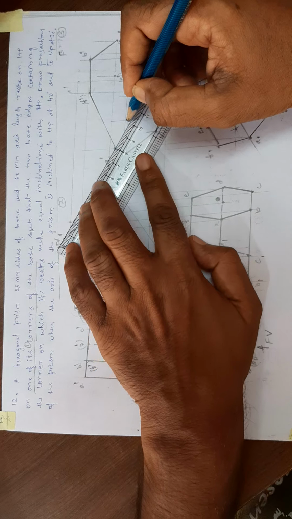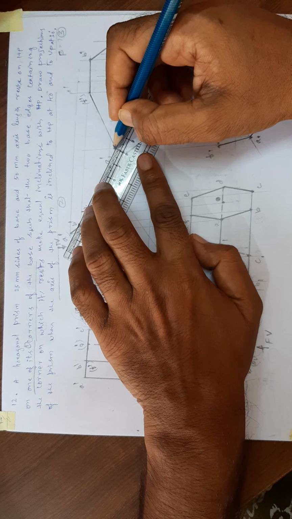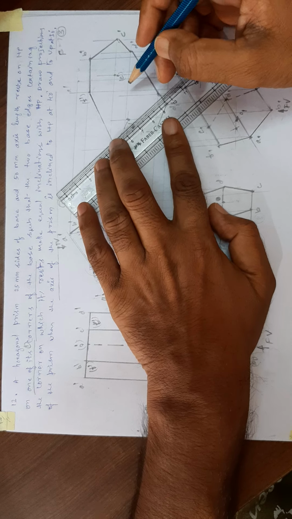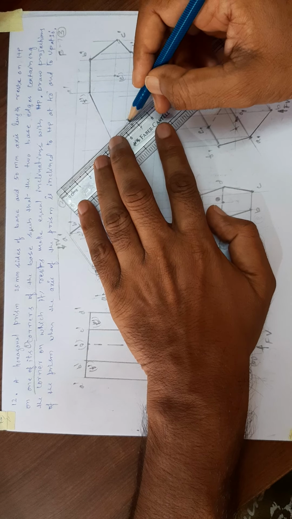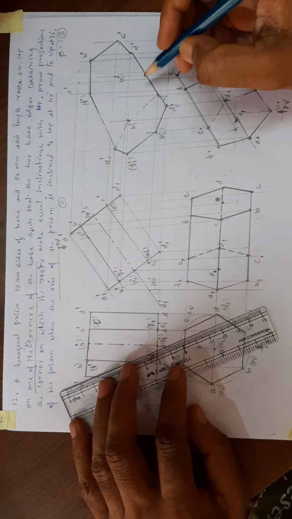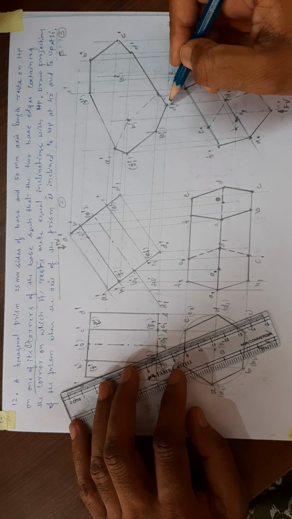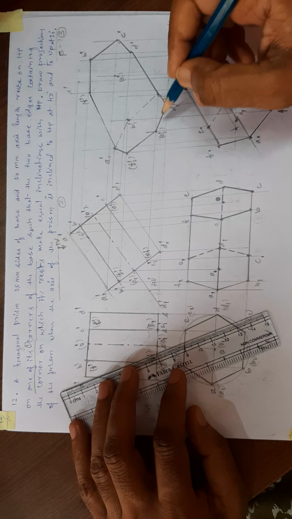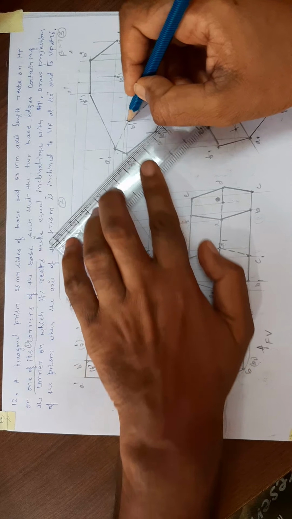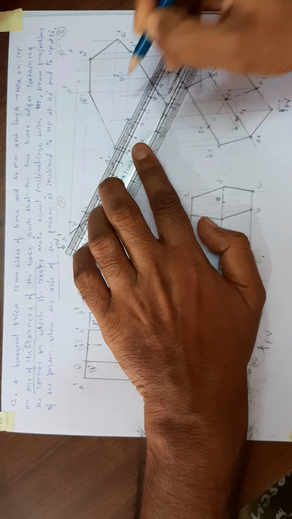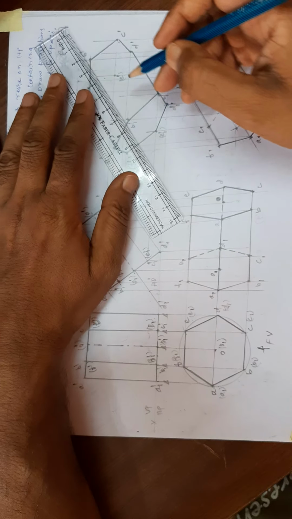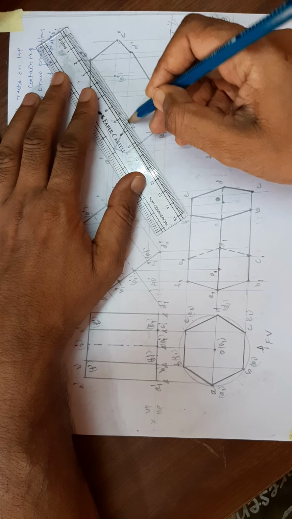Now see here, this is an invisible edge, okay, next this is an invisible edge. So 1, 2, 3, 4, 5, 6, and this is visible. Make it thick here, and this point is thick.